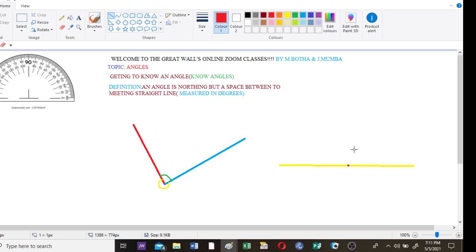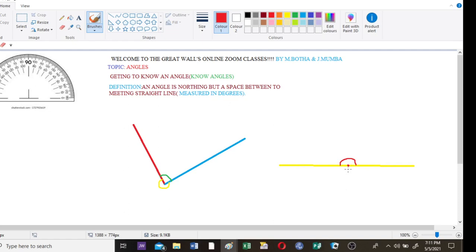Then we want to find the size, or rather the space, between these two lines. So from this side, this is the space here on top. But we can also have a space downward there. So how do we measure this space between two lines?